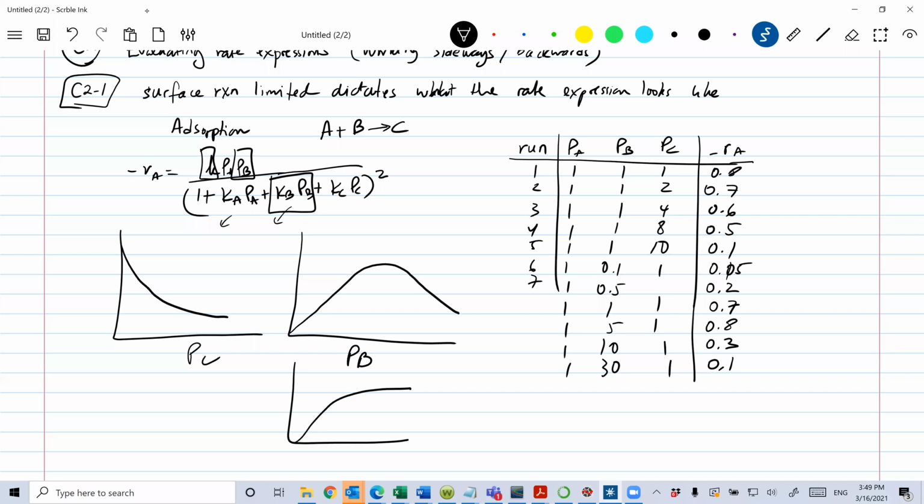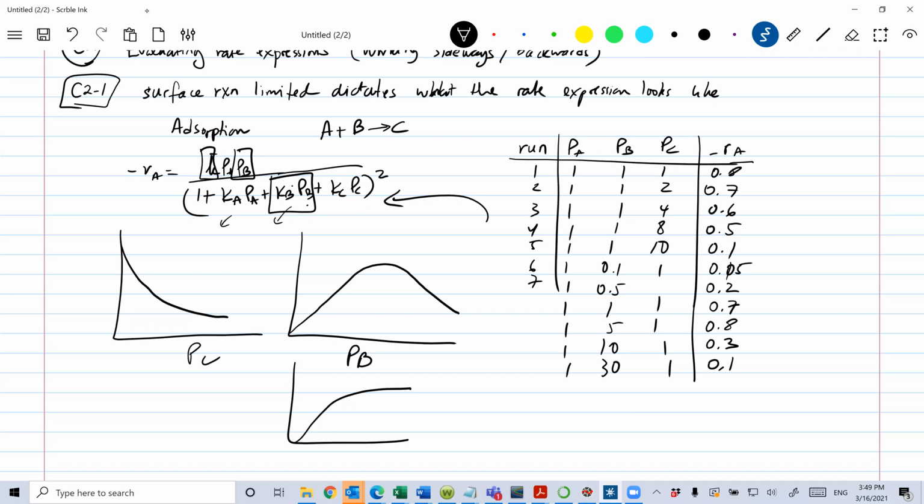So because the denominator is squared, most likely this term goes up faster than this term, so you get a maximum. So you see, that's how you would go about doing it. Does that make sense? So the data could tell you what kind of rate expression you get. That's what the data would say. You could verify it. It could be wrong.